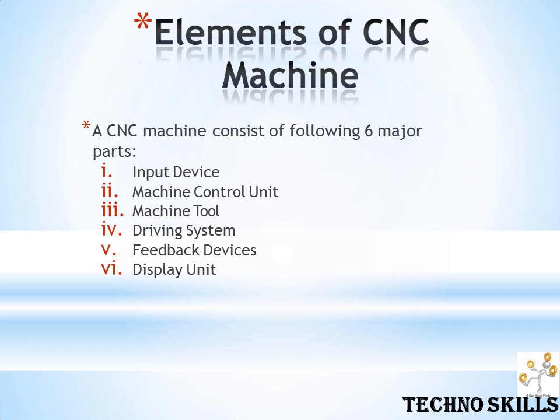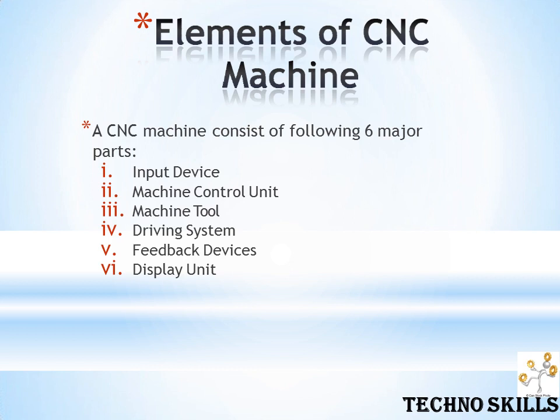Friends, we know already, in a general computer itself we have three devices, right? We have input, processor and output. Similarly, in this computerized CNC machine also we have the input device. The input device is used to enter or edit the program. And we have a machine control unit. The machine control unit is nothing but the processor unit, which is going to process your data.